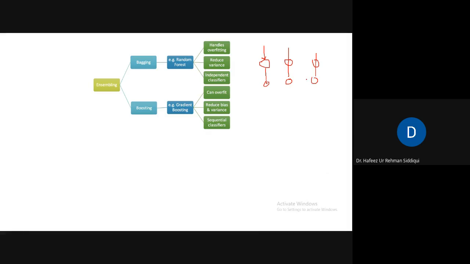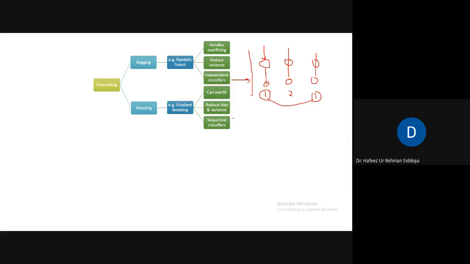What is the prediction of the first one? Let's suppose it says 1, and the third one says 1, and what is the prediction of the middle one? It says 2. So max voting says that we will take the majority as the final decision, and these are called independent classifiers.